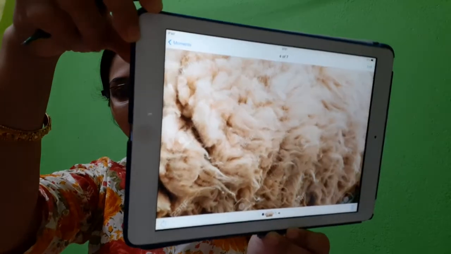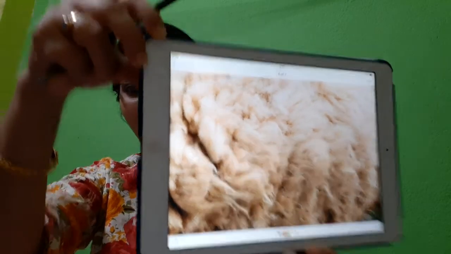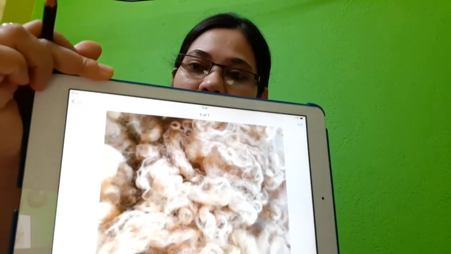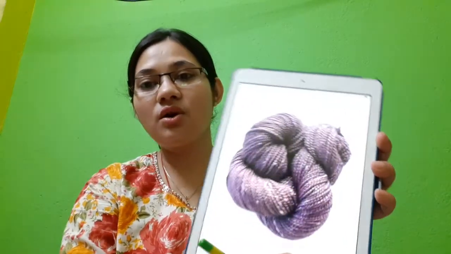And it can be in different varieties, it can also be like this, very cloudy sort of, after shaving, or it can also be a different type, that is this type. Got it? So there are different varieties of this fleece. And after that, when these fleeces are obtained and processed, this is called the yarn.